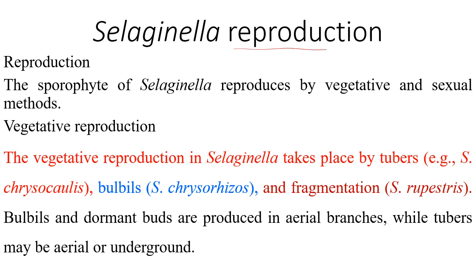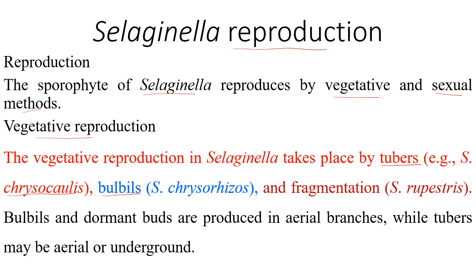The sporophyte of Selaginella reproduces by vegetative and sexual methods. Vegetative methods include the germination or development of new young ones by means of tubers. So, through the tubers, vegetative reproduction takes place in Selaginella chrysocolis.